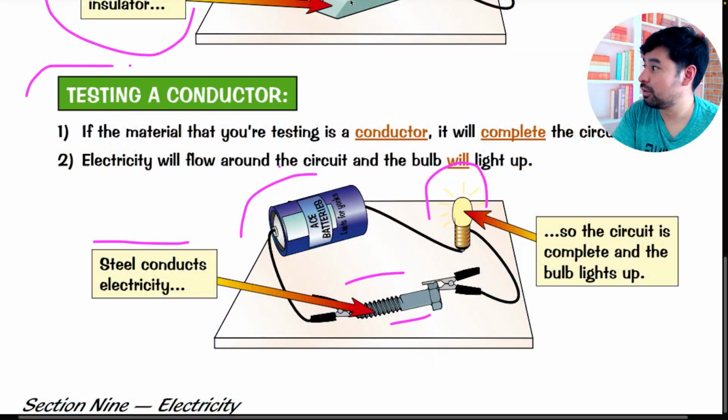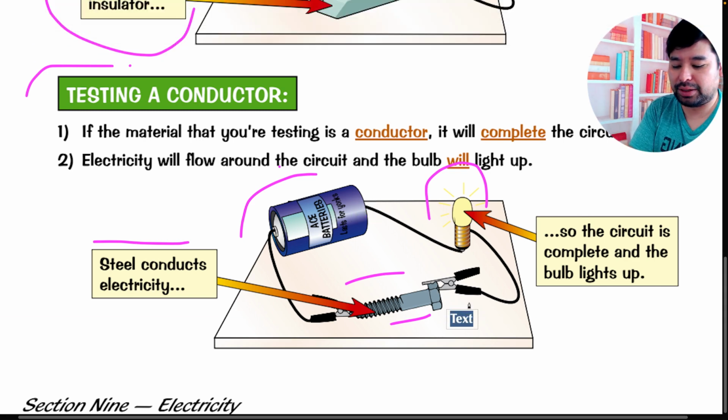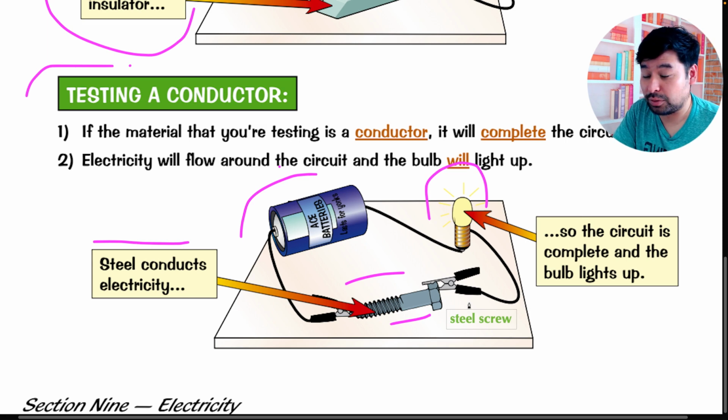Okay, so let's get back there. So this one here, pay attention on how we write it. Steel screw. Okay, so this is the way. Parafuso. Of course, because it's made of steel, it's a conductor.